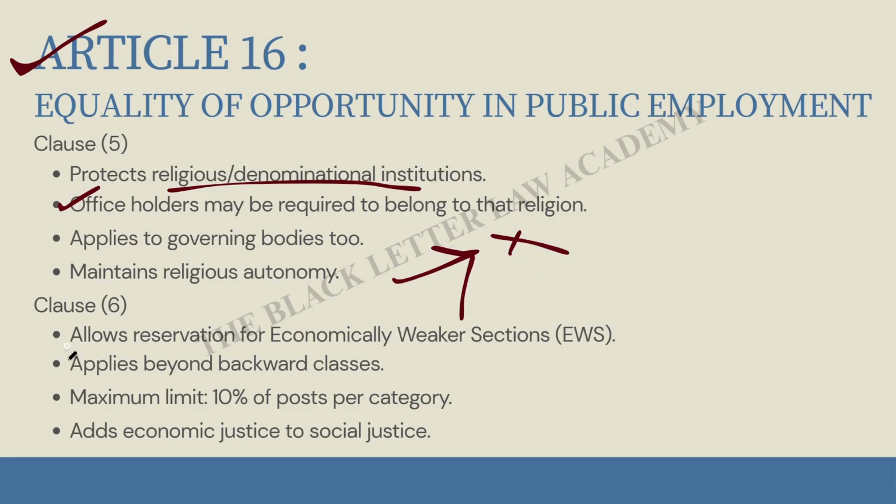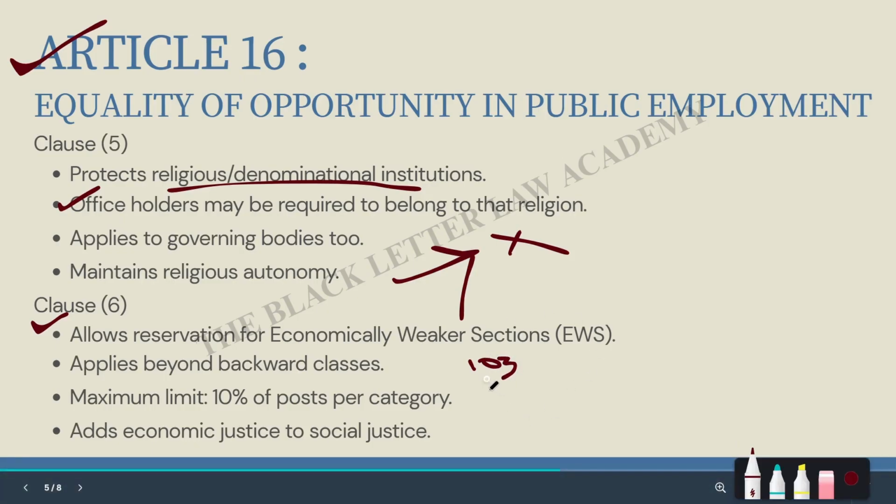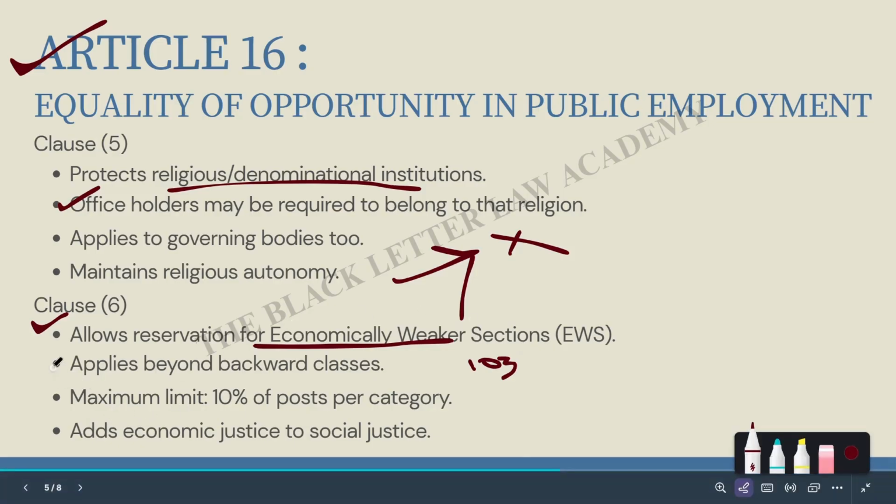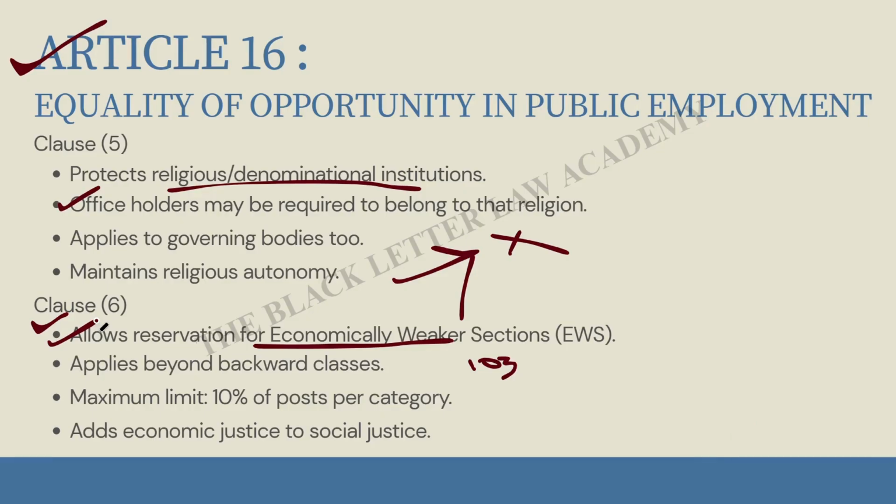Okay, so the next one is Article 16 clause 6. The 103rd Constitutional Amendment Act 2019 inserted Article 16 clause 6. It provides reservation for the economically weaker section from the general category, apart from caste based reservations; up to 10% of jobs can be reserved for poor people from the general category.